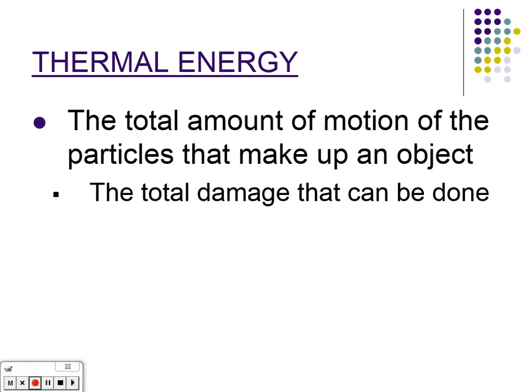All right, so thermal energy, the total amount of motion that makes up all the particles that make up the whole object, and that would correspond to the total damage that we can do. Okay? Now, thermal energy depends on a couple factors. You have 3 written there, but I'm gonna make it down from 3 to 2.